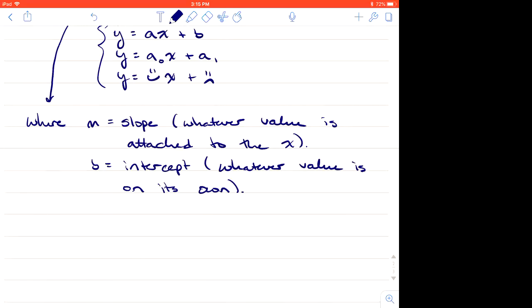The intercept, remember, is if you have your x-axis and your y-axis, the intercept is where the line crosses the y-axis. So let's keep that in mind.